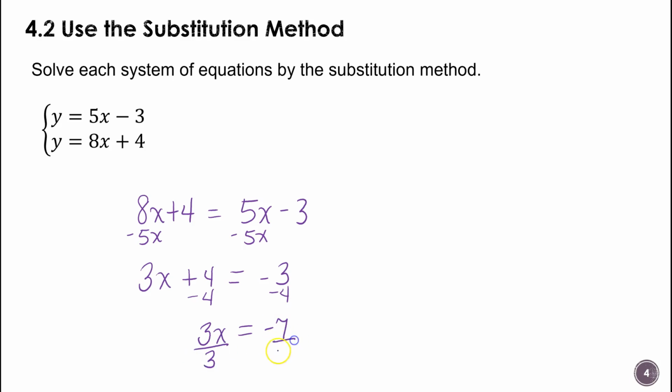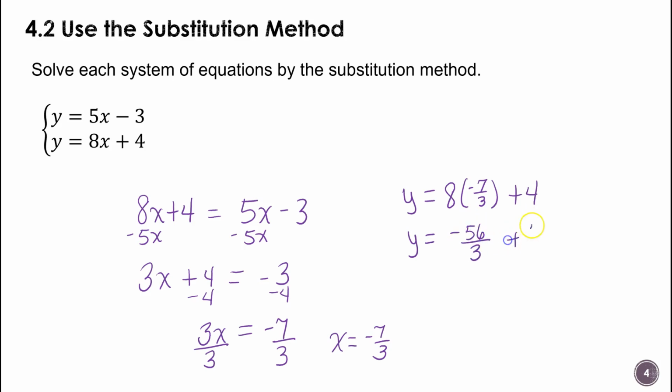I guess you can see this isn't going to be such a lovely solution. So x equals negative 7/3. So I had negative 7, I had to divide it by 3, and that didn't work out so well. But I can take either equation. So I'm going to take y equals 8 times negative 7/3 plus 4. So that's negative 56 over 3, and I'm adding a 4.